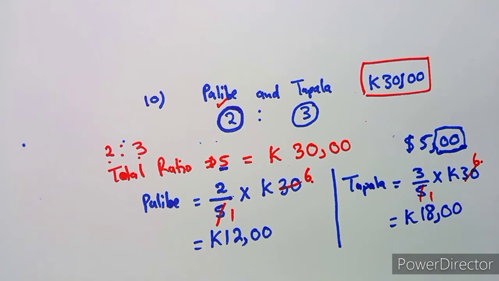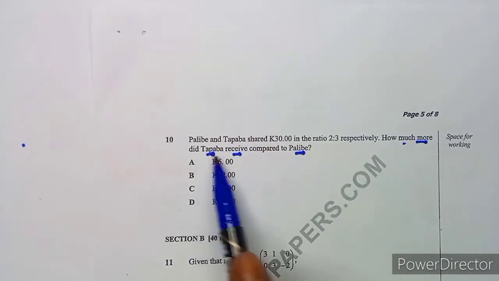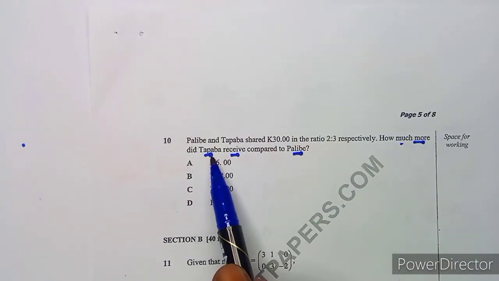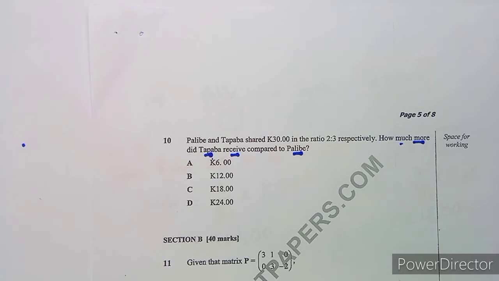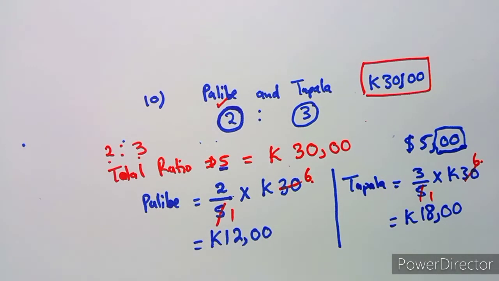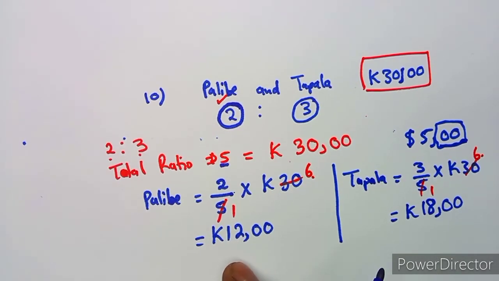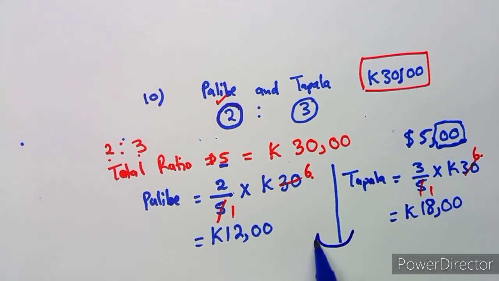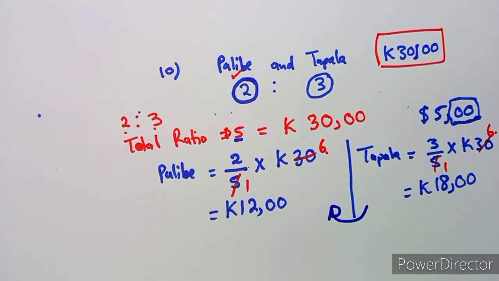Now the question is, according to these two parts, how much more did Tapala receive? Which means he received a certain amount of money more than Paliwe. We just need to know the difference between him and the other guy.